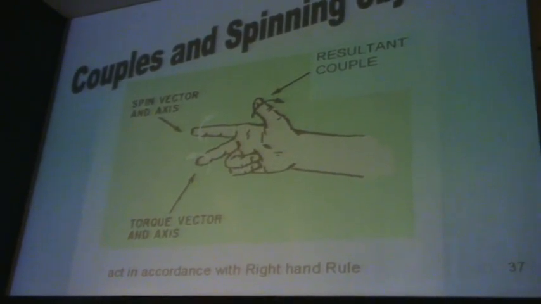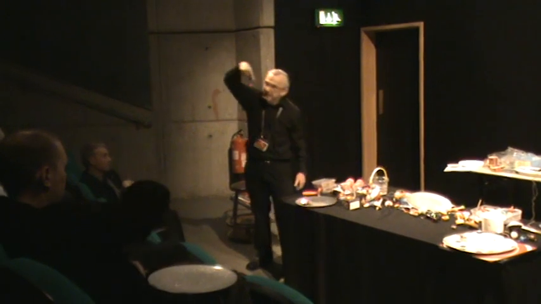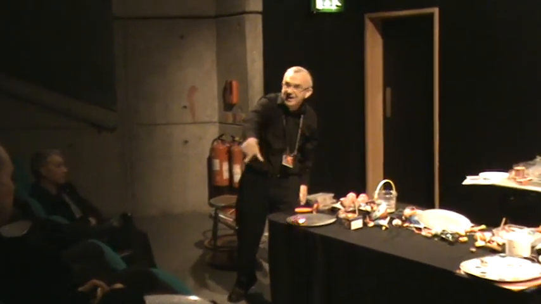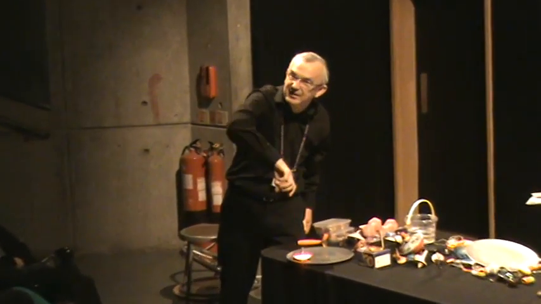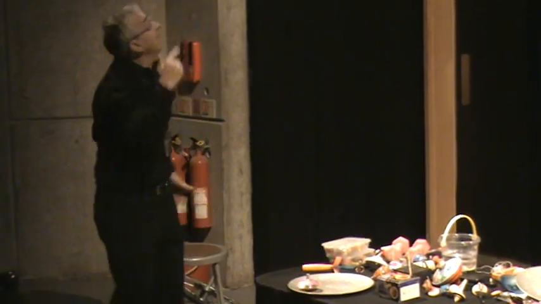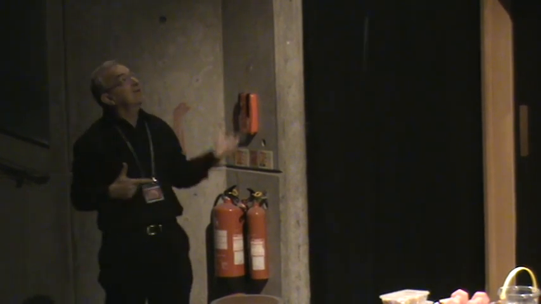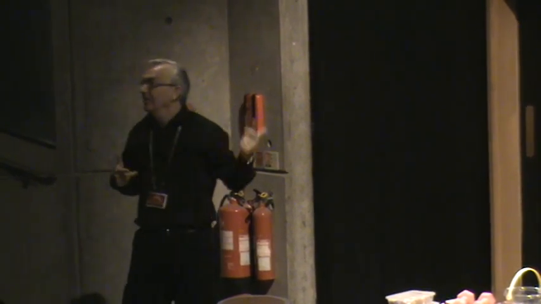I'll give you a hard explanation and an easy explanation. If something is spinning, like this top is spinning in a clockwise direction, we describe it by the vector that goes in. Right-hand grip, the vector goes in, as if you're screwing a screw in. So that's the spin axis, and if you apply a couple to the spin, you get a resultant couple which is at right angles to the other two.